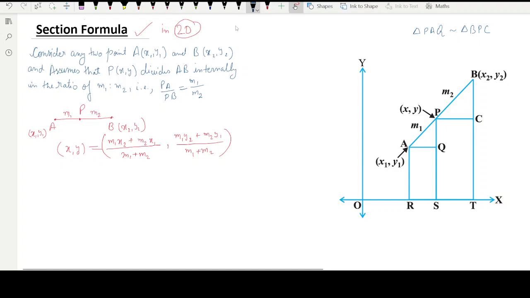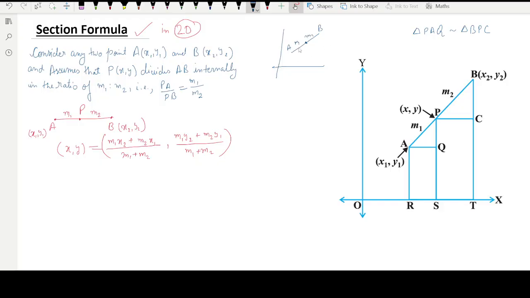Okay, let's start. Let's say AB is a line segment, and there is a point P that divides it in the ratio m1 and m2.